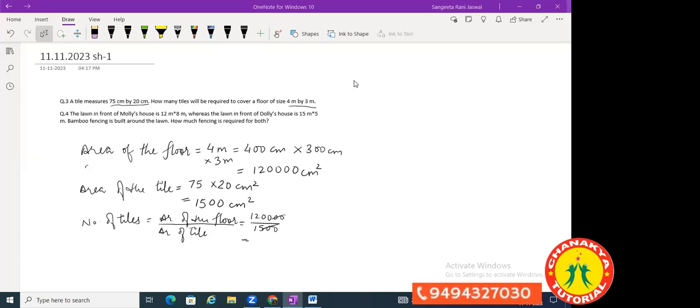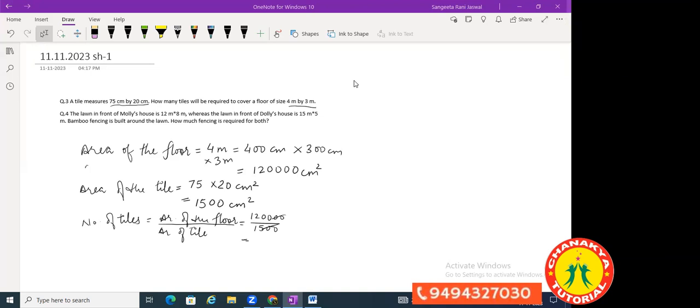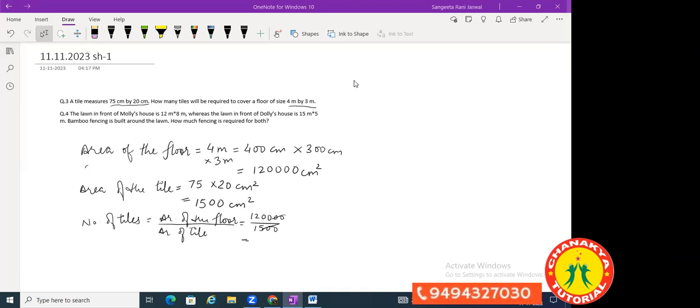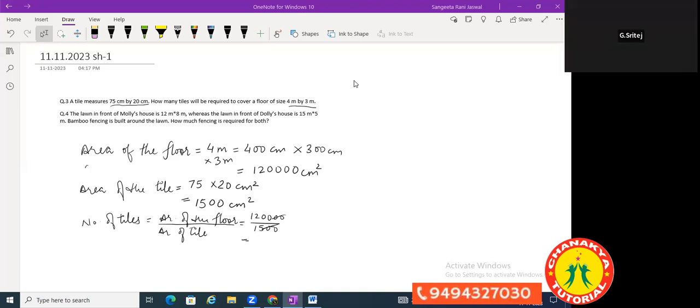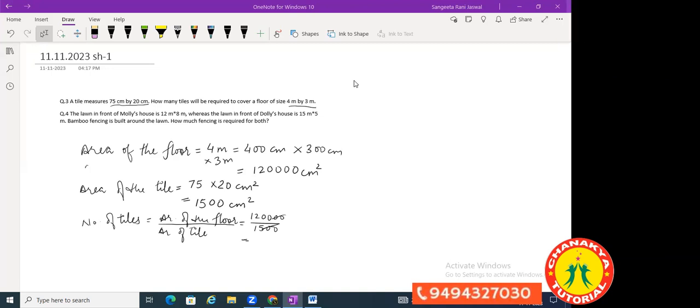I want to see all the notebooks. Ma'am, my notebook is not ruled, so can I just show you this? No, wherever you are doing. Yes, good, good, good. Good, Switesh. Others? Rishit, Badri, show me the notebook.